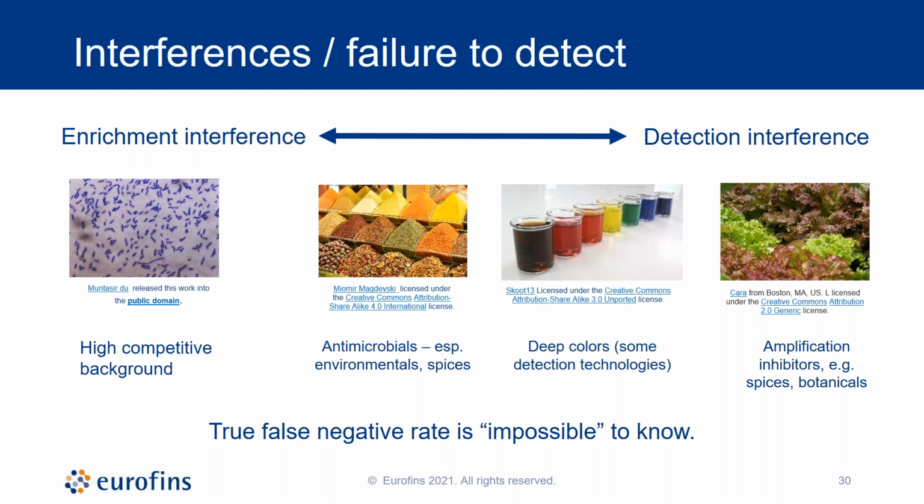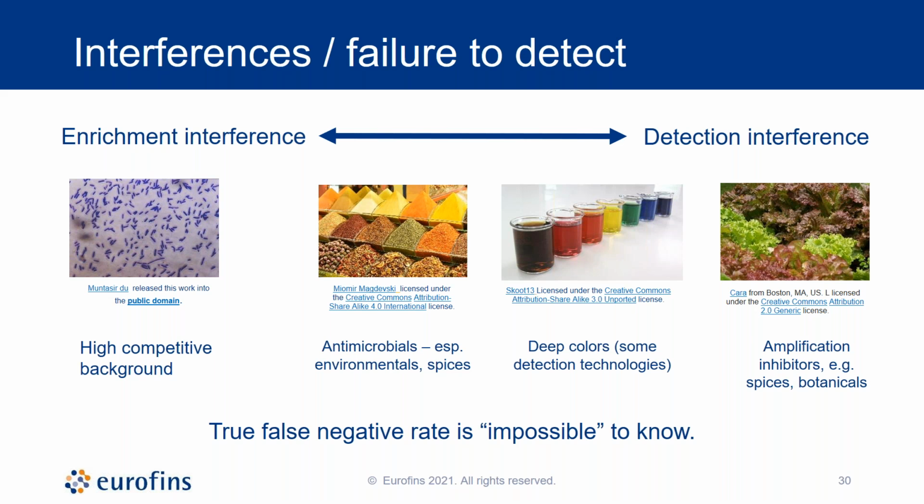A high population of competing organisms can steal food, can steal oxygen, and slow down our pathogen of interest. So within the validation process, detection against a competitive background, roughly 100 times higher than the pathogen of concern at the beginning of the process, is one of the elements that goes into validation.